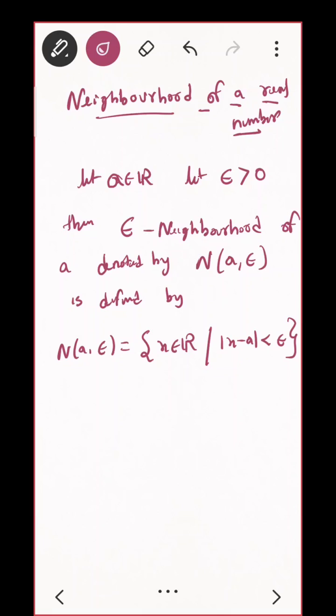Read the definition once again and try to see what it is saying. Do you see, identification of sets also had similar questions, if you remember, x belongs to R such that, correct? So do you understand what neighborhood means? If I say N of a comma epsilon, then what do you mean by that?